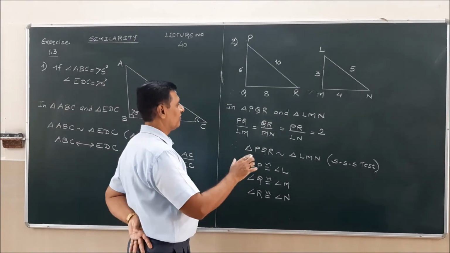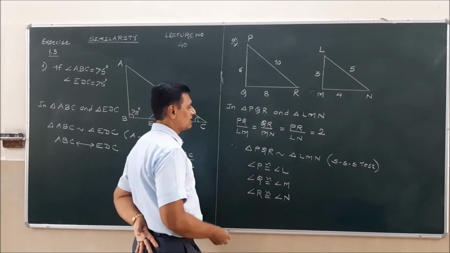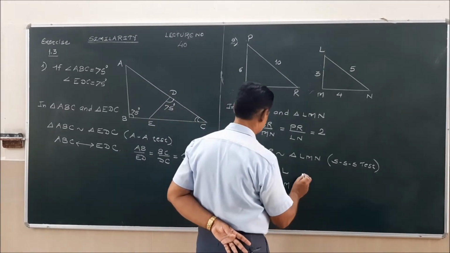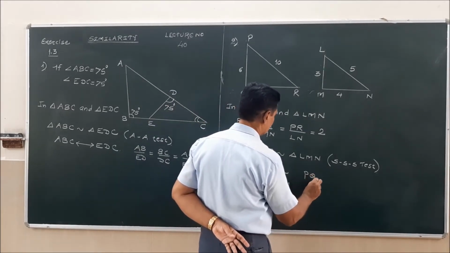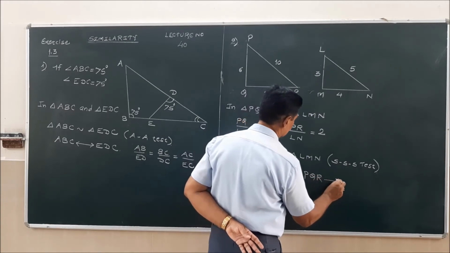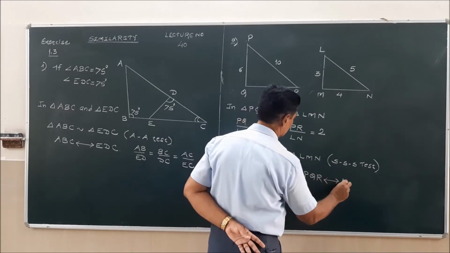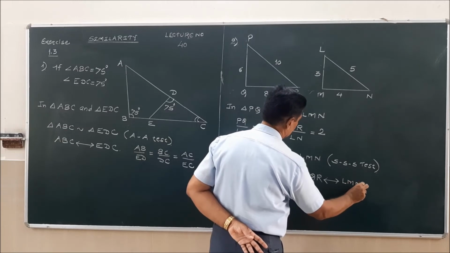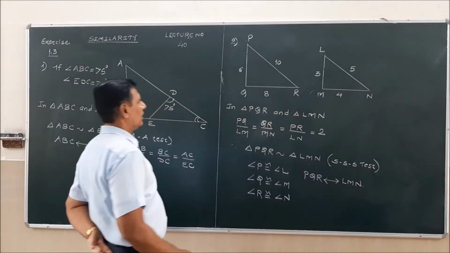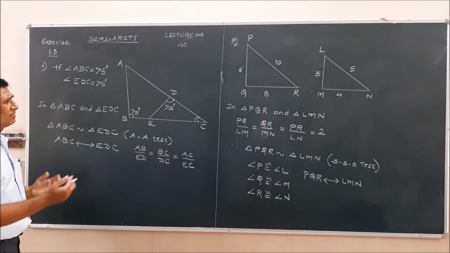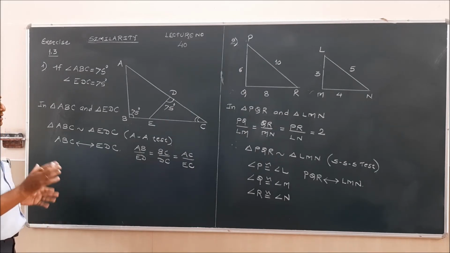So this is how you will find that these triangles are similar by the SSS test. I can even write the one-to-one correspondence, that is PQR to LMN. It sounds very simple, but to understand the concept is important.